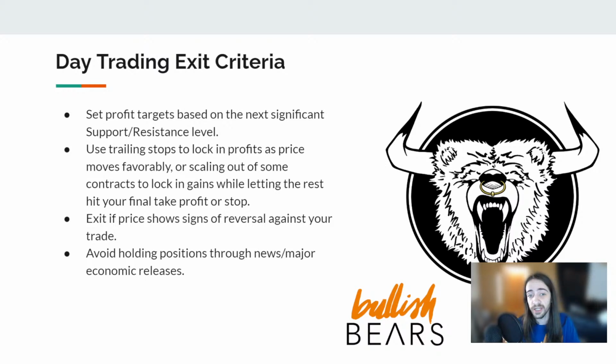We could use trailing stops to lock in profits as price moves favorably, or we could also scale out of some contracts if we're trading multiple contracts. When we sell out of some contracts into strength while trading options, that's really going to move in our favor, because as you may know, with options there are a lot of Greeks and different aspects.